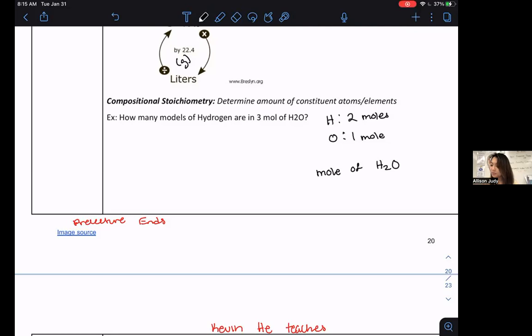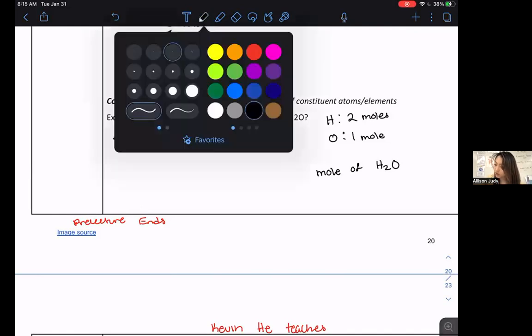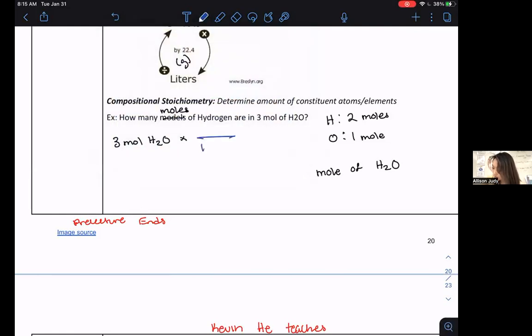So let's look at this. How many moles? Gee willikers, spell check. Of hydrogen are in 3 moles of H2O. So if I start with my given 3 moles of H2O, I know that for every 1 mole of H2O, I have a ratio of 1 to 1, right?